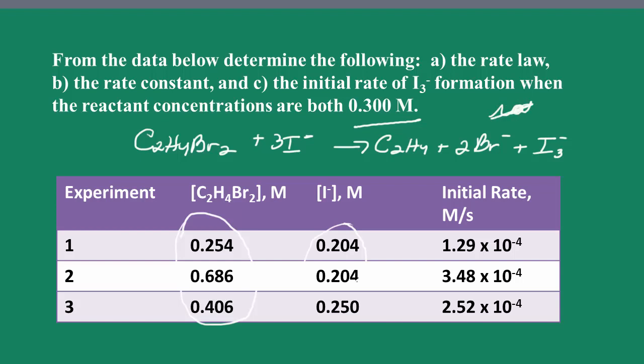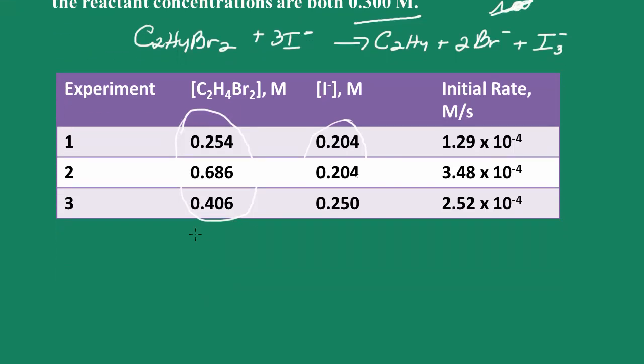So I would write the rate law as rate equal to k, and we have the concentrations of the reactants here, and we'll make this to the m power. Remember, these exponents can only be found through experiment.